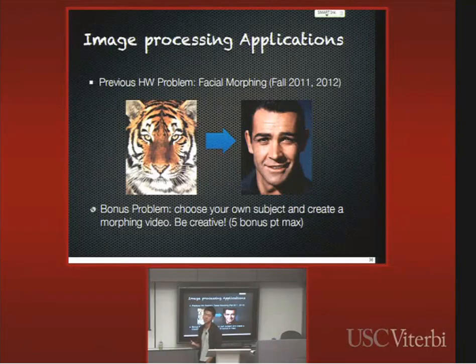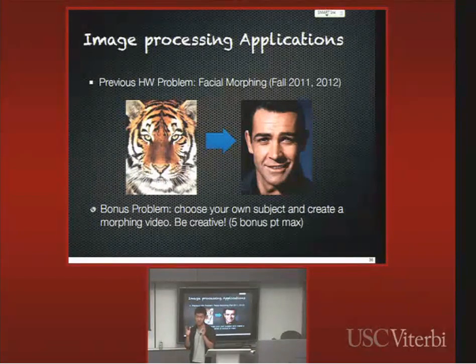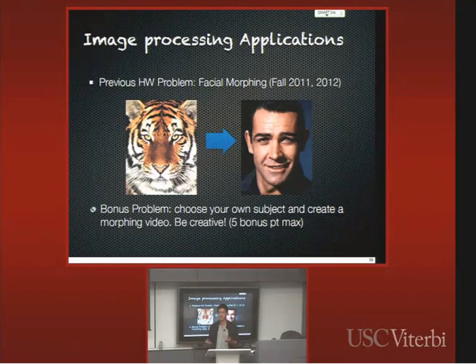Because when you're a student in school, you only focus on what the teacher said, what the assignment says. You don't really pay attention to what's going on outside. So I would like to show you 3 different applications related to image processing that are happening in Silicon Valley, which is one of the coolest things to talk about these days.